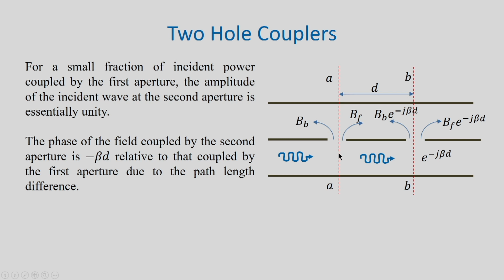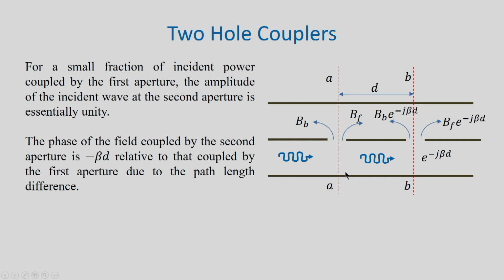Now, the wave which travels over this distance d, if BF represents the coupling from the first aperture, in the second aperture, because of this distance d, the amount of field that will be coupled is BF into e to the power minus j beta d. Because the wave was 1 here, here it becomes e to the power minus j beta d.